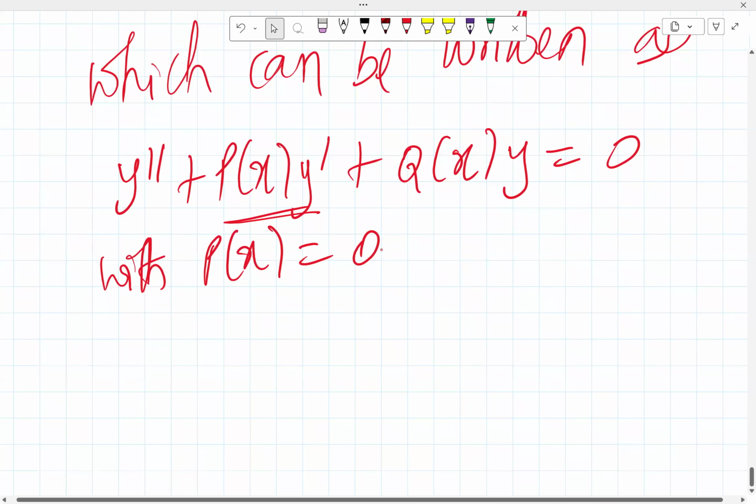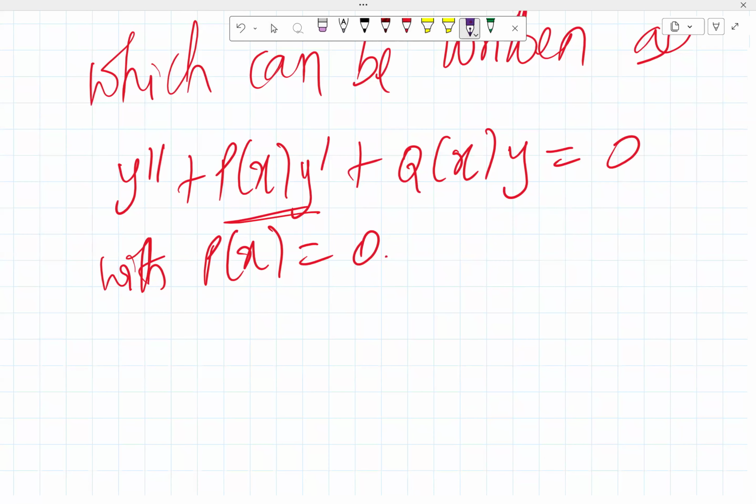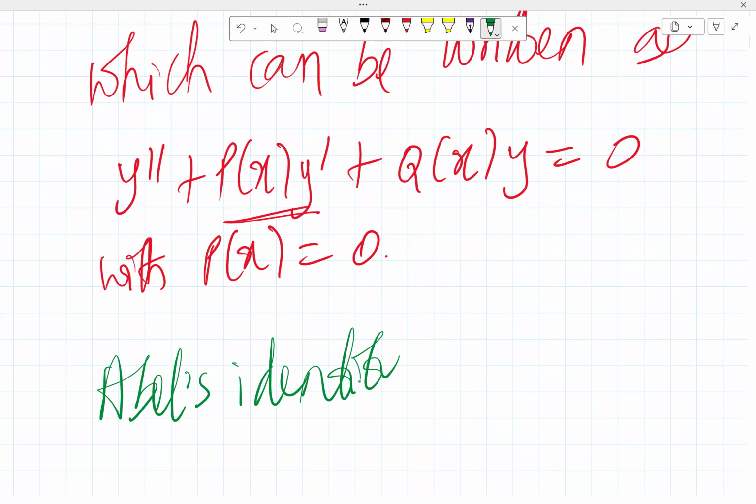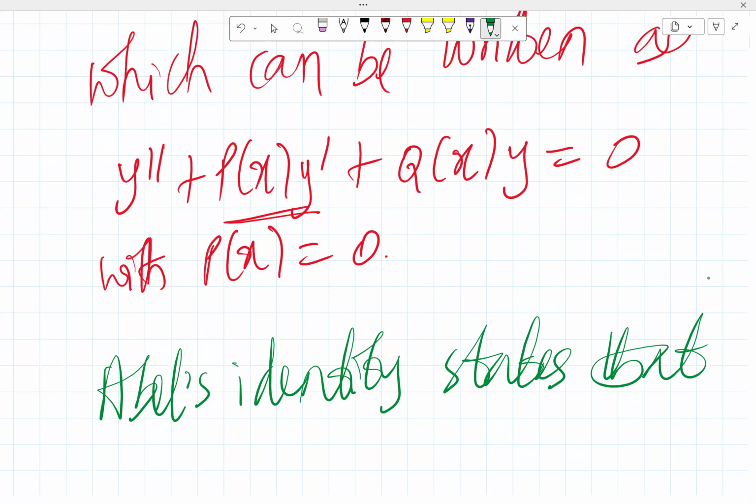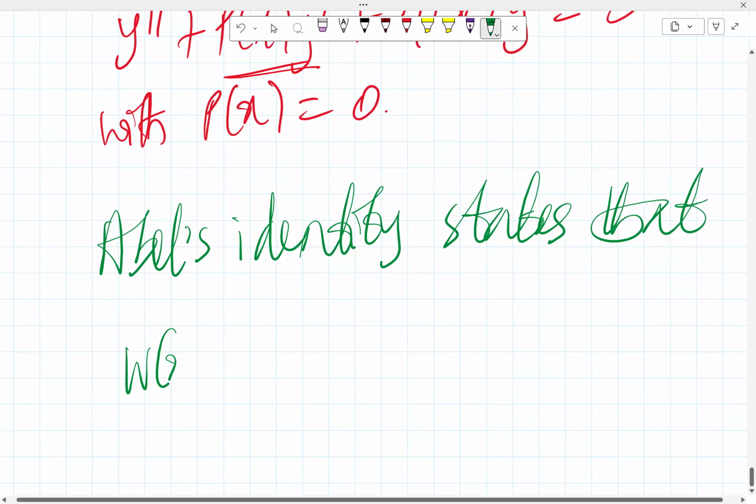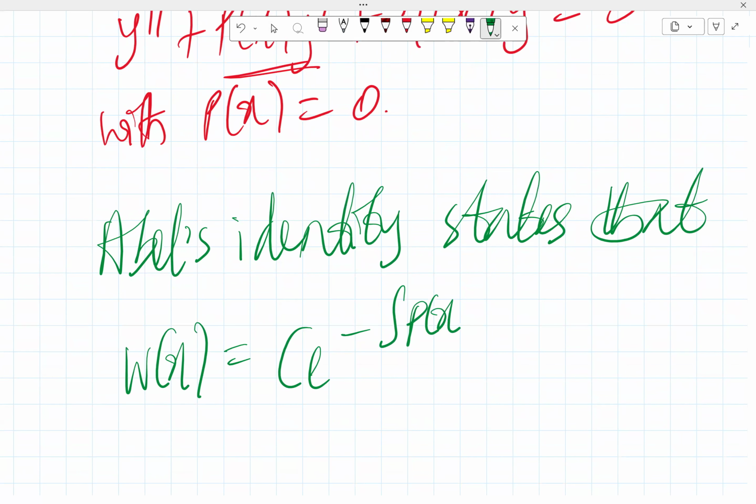So in that case, now we know that Abel's identity states that W(x) is equal to c e raised to minus the integral of p(x) dx.